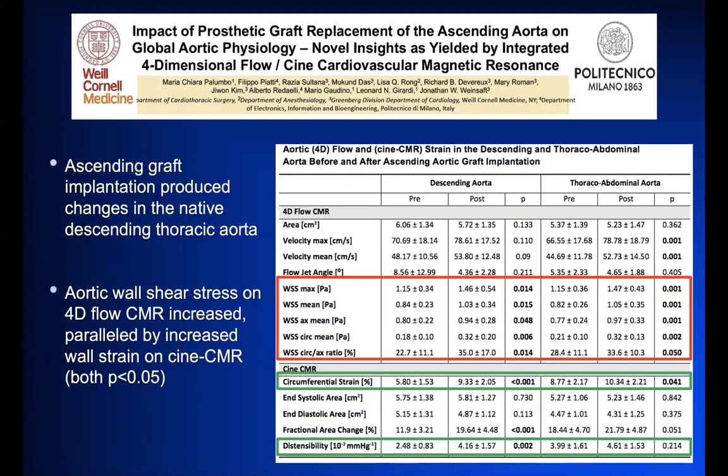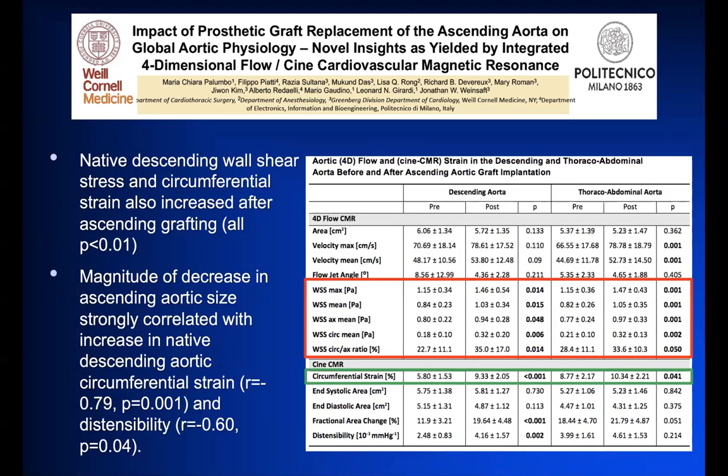And that change in the native ascending aorta was accompanied by differences in wall shear stress, namely increases in wall shear stress, as well as increases in strain and distensibility in the native descending aorta. Again, this feeds into the concept that grafting of the ascending aorta alters physiology of the descending aorta and may ultimately provide a nidus in some patients for subsequent dissection events.